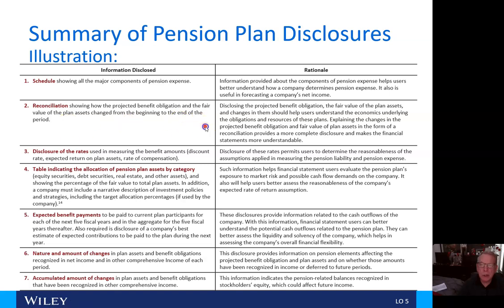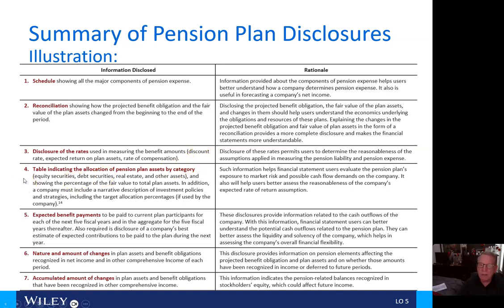And again, I'll let you read on your own the rationale for reconciliation. Number 3, the disclosure of rates used in measuring the benefit amounts. That's the discount rate, the expected return on plan assets, rate of compensation. And again, I'll let you read the rationale on your own.